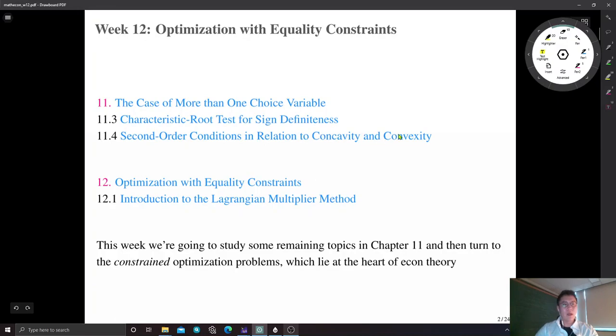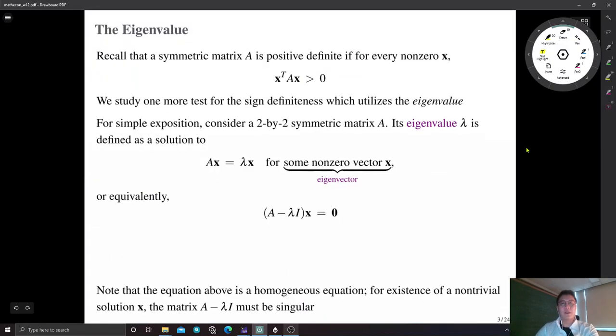In this video, I'm going to introduce the characteristic root test for sign definiteness. The basic idea is that we are going to study one more test for sign definiteness. Remember, in the previous week and previous video, we studied how to maximize or minimize a multivariate function. If the objective function depends on several variables, the optimization condition is slightly different from the derivative test we adopted for single variable functions.